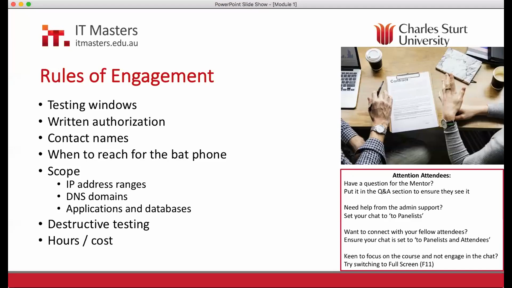At some point, you've got to say, hey, this is massive. They need to fix this because it's too urgent for us to keep going. Maybe it's a website that's got SQL injection that just dumps the entire customer database. If that happens, you stop straight away and you reach for the bat phone.